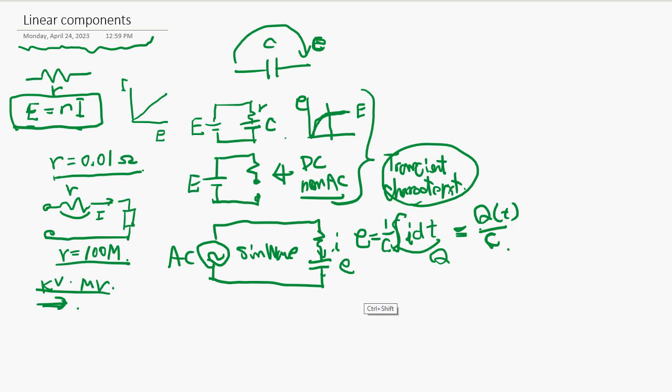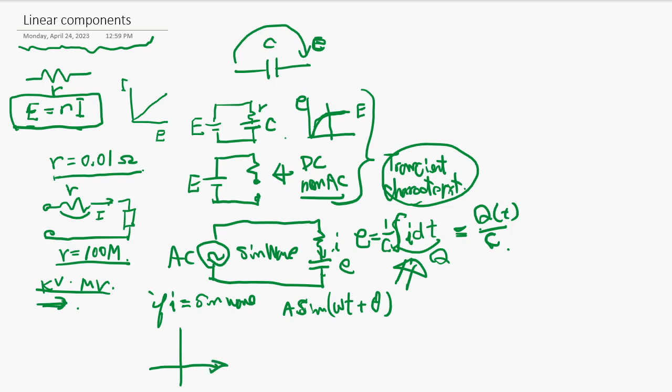So if I is a sine wave function, we express the sine wave as sine of omega t plus phase, and this integral is just a 90-degree shift in phase. Using complex numbers, the vector shifts 90 degrees.